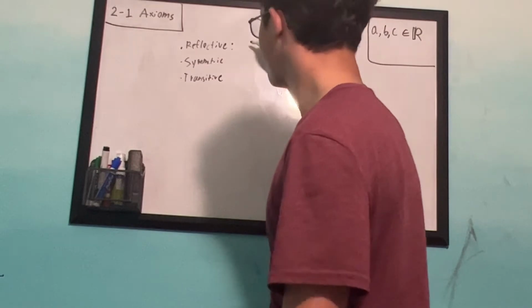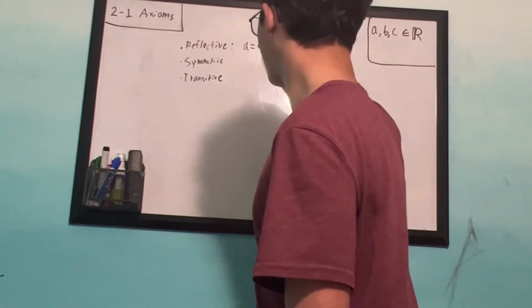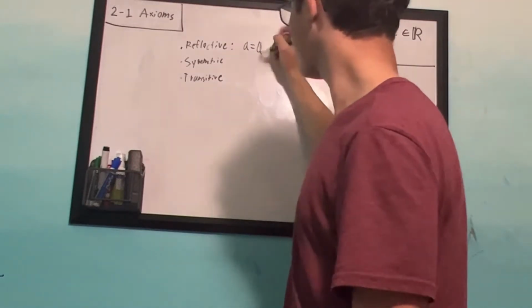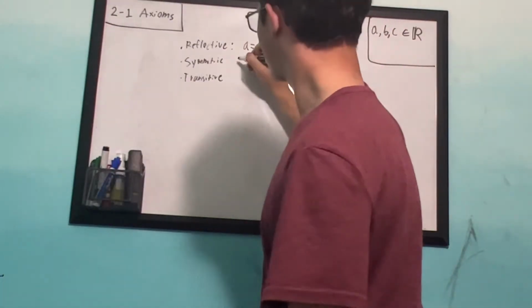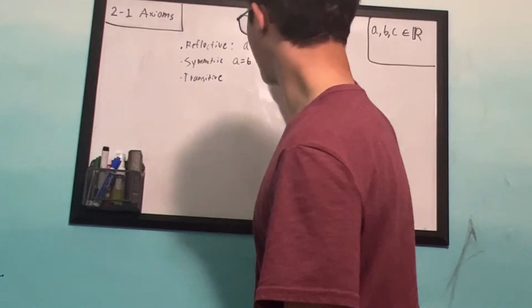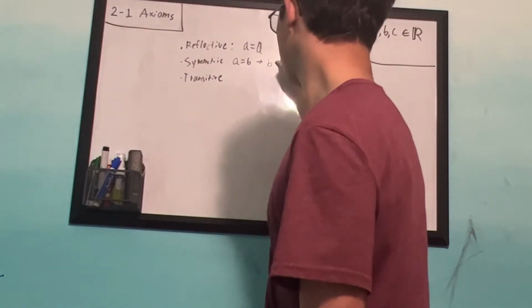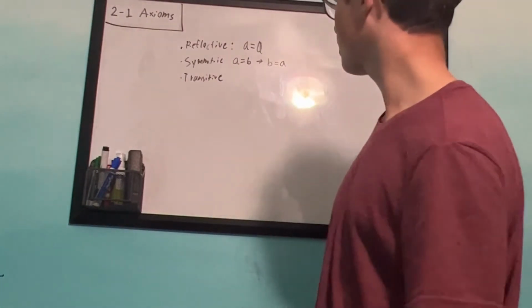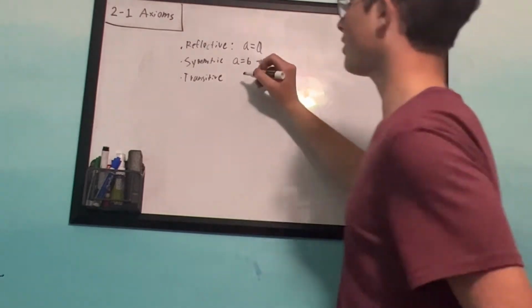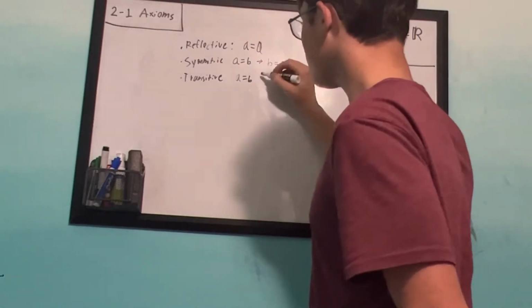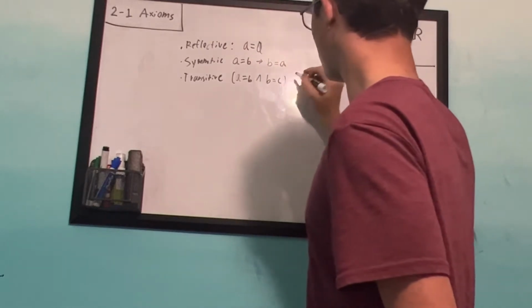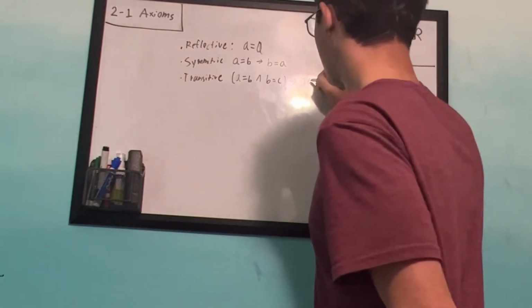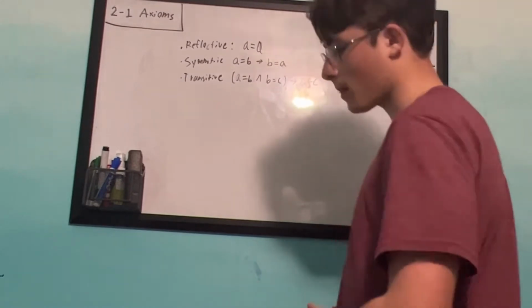Reflective states that if you have A equal to A, that's a true statement. The symmetric one states that if A equals B, then B equals A. Makes sense. And transitive is A equals B and B equals C, then A equals C. All pretty basic.